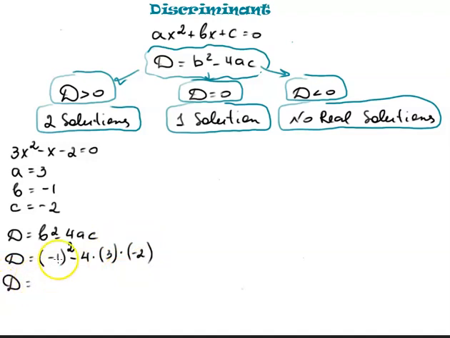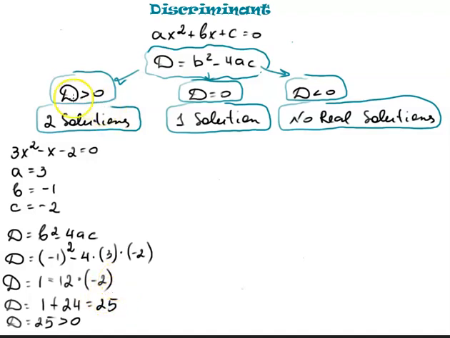The discriminant will be negative 1 squared, which is 1, minus 12 times negative 2. So that will be 1 plus 24, which is 25. The discriminant equals 25, and it's greater than 0, meaning I will be expecting two solutions.